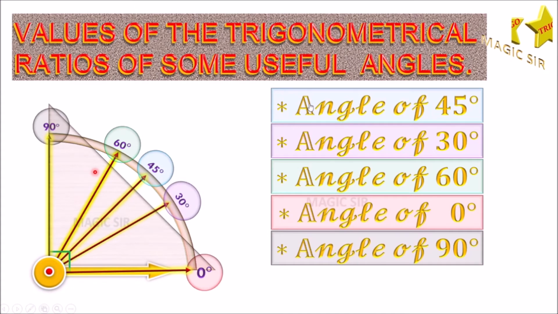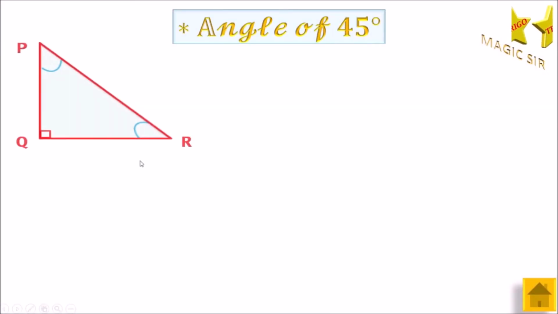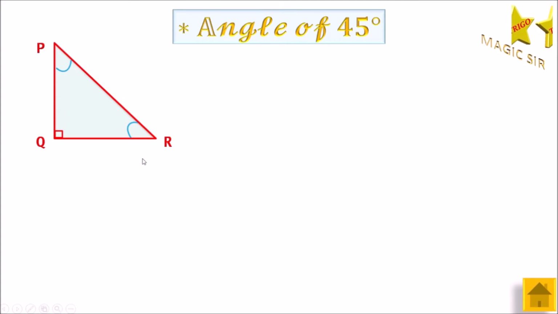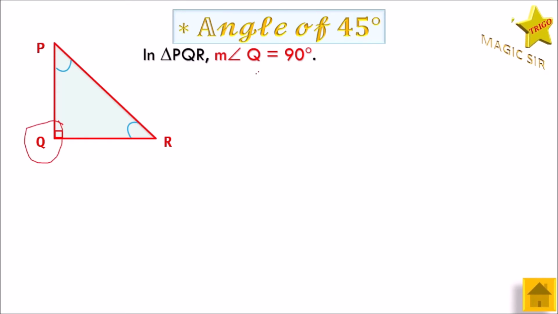Now we will find the values of the trigonometric ratios of 45 degree. In triangle PQR, measure of angle Q is equal to 90 degree. We know that the sum of three angles of any triangle is 180 degree.